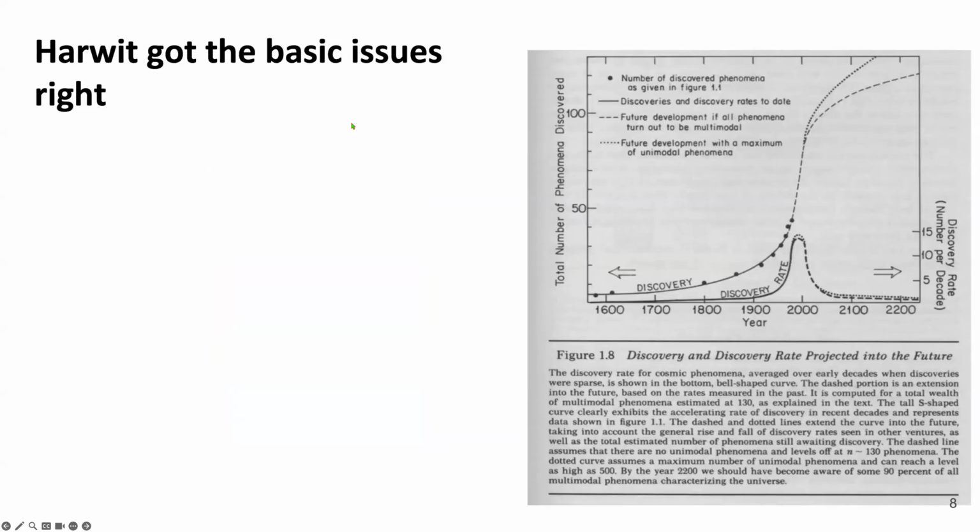The other thing that Martin focused on was, what are the technologies that influence our ability to study the cosmos? And he has this very nice curve called discovery rate. That is, what are the times in which the invention of observatories was most rapid?